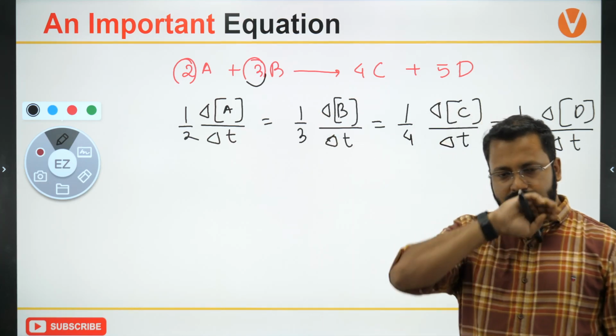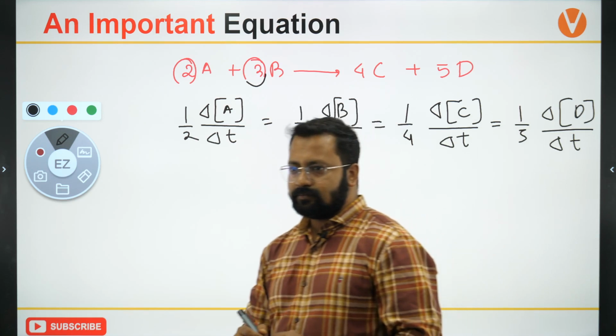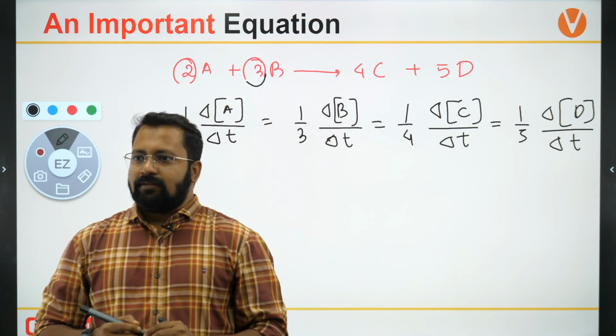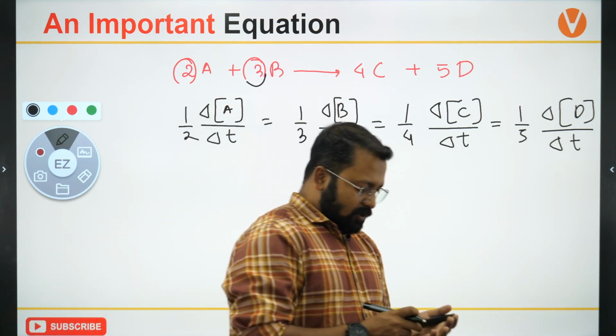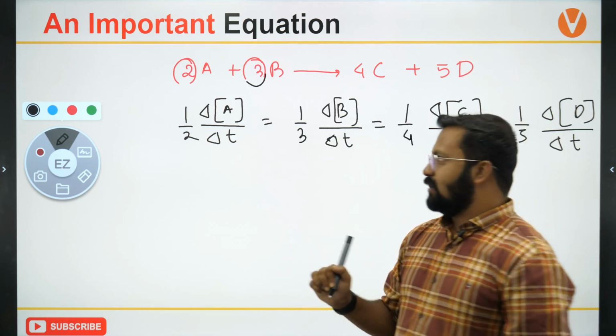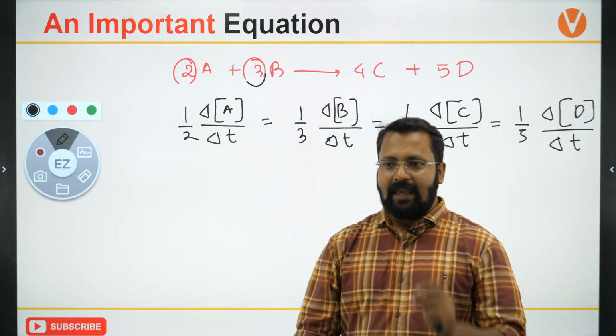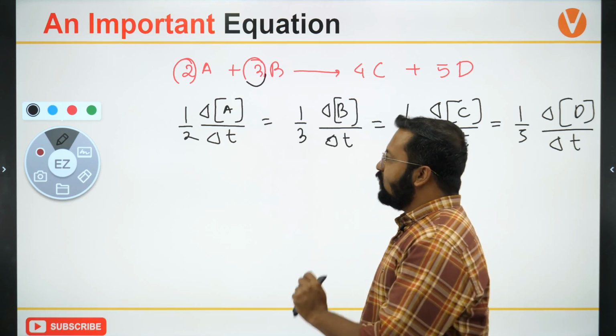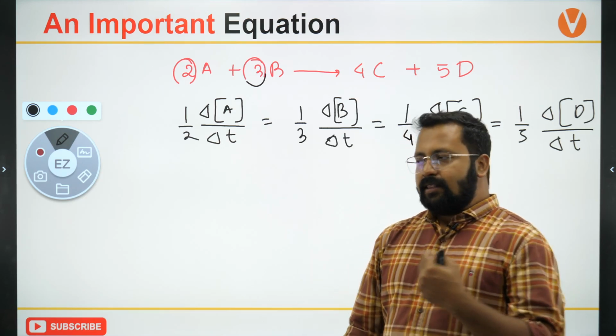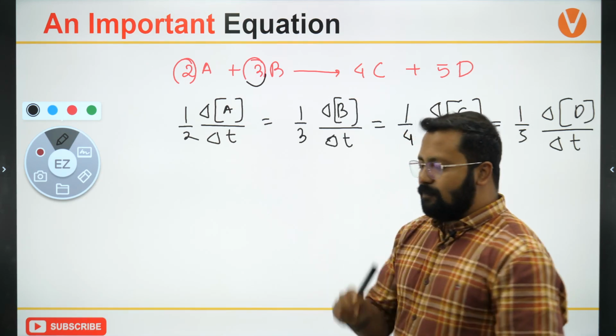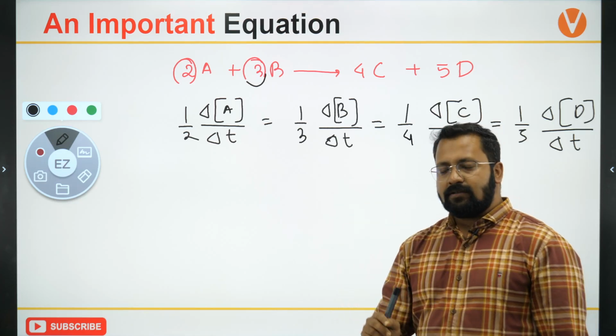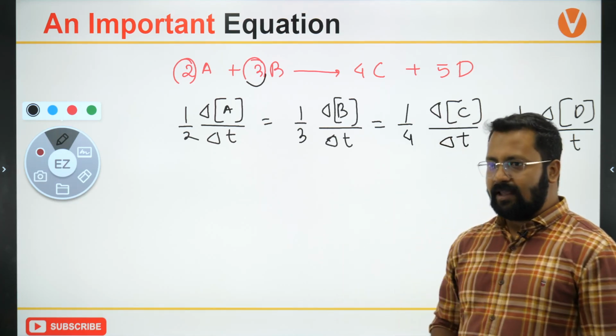Now tell me something, which is the reactant? A and B are the reactants. If A and B are the reactants, then won't the amount of A decrease after a certain amount of time?